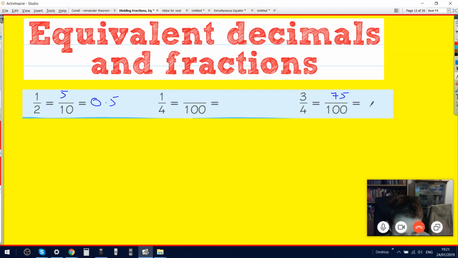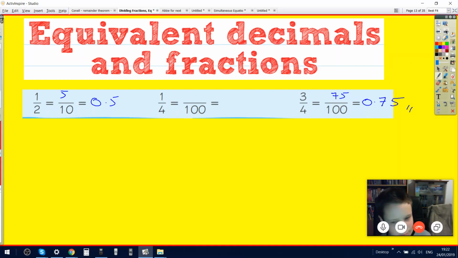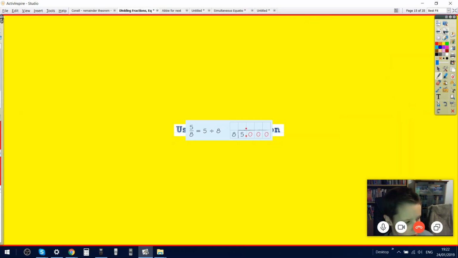And what is that as a decimal? 0.75. Yes. So it's got 2 zeros, so there are 2 numbers after it.